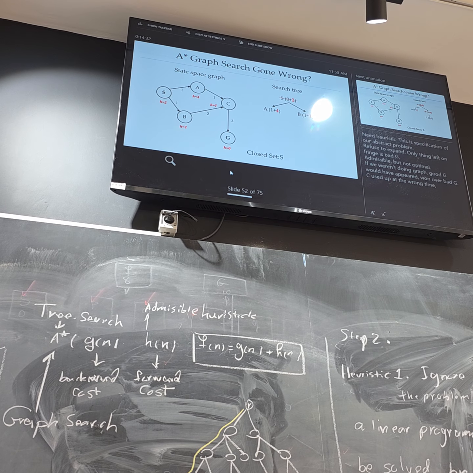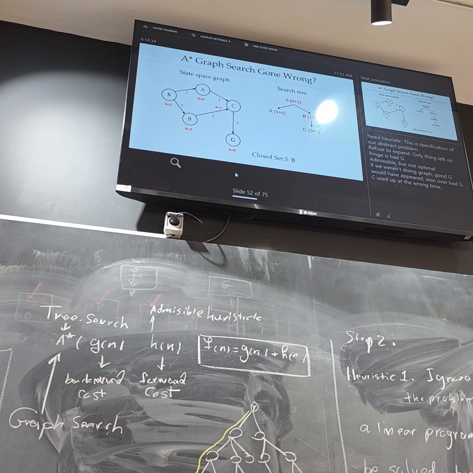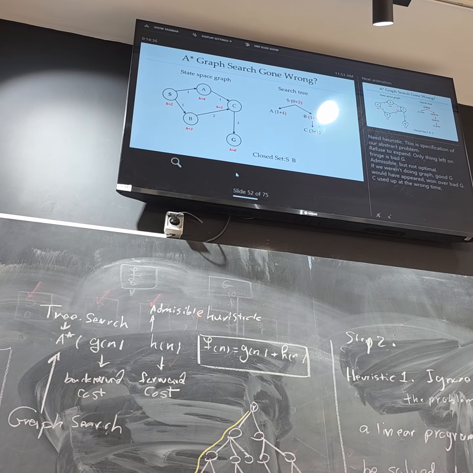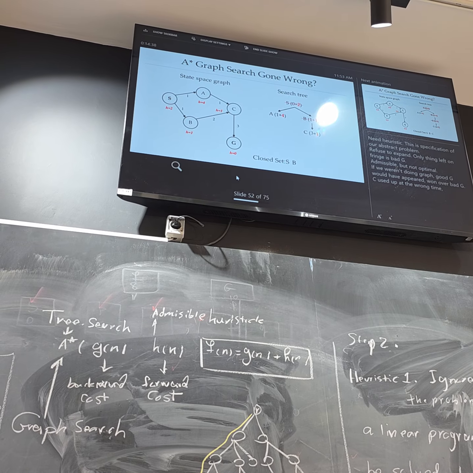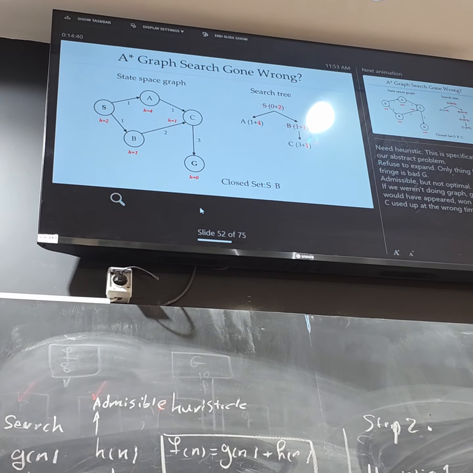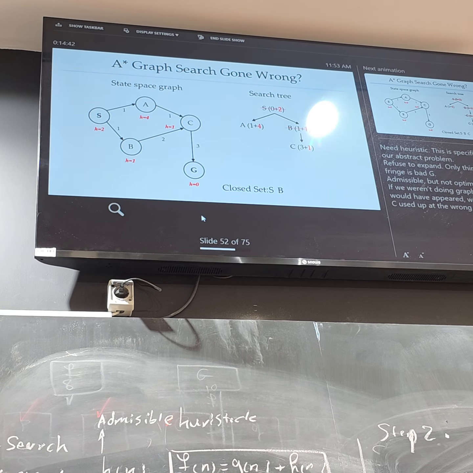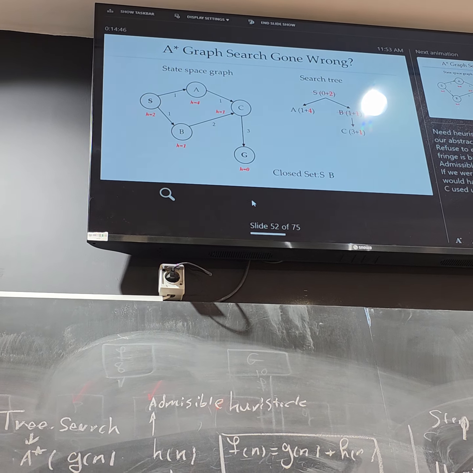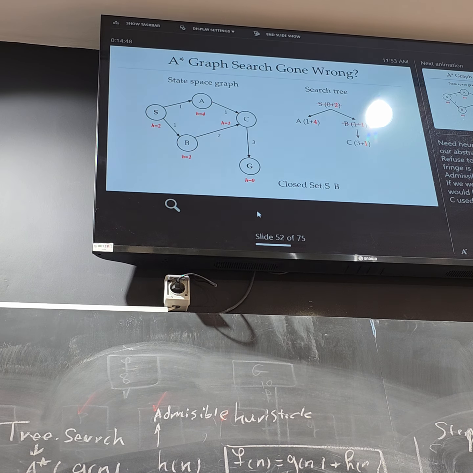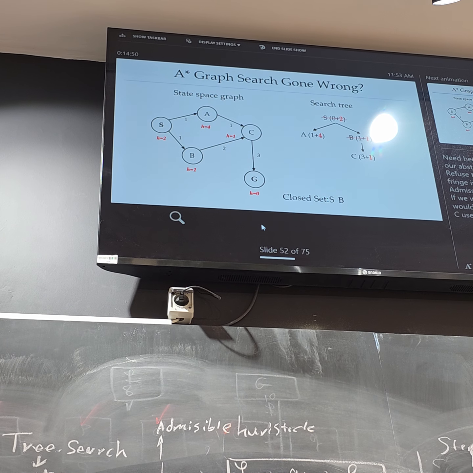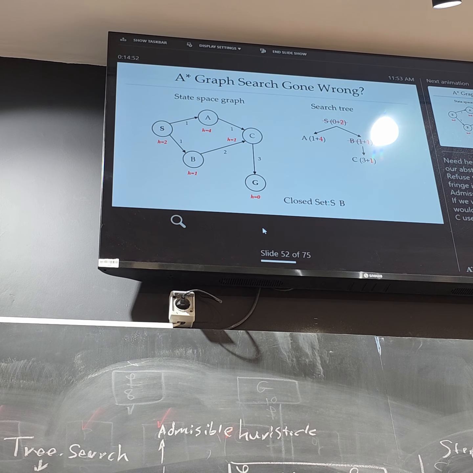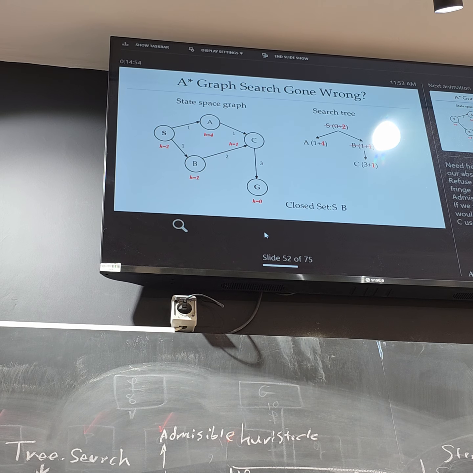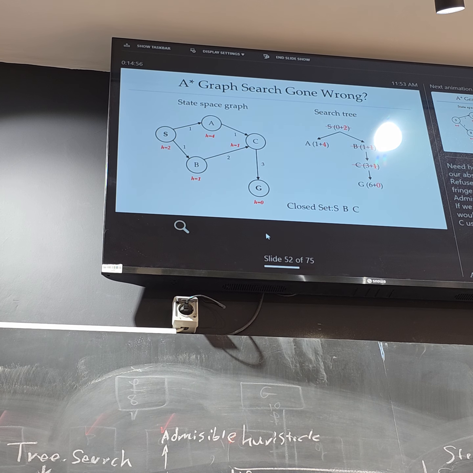By expanding B, we go to C. C has 3 as G and 1 as H. Again, 3 plus 1 is less than the label of A. Thus, we continue from C.